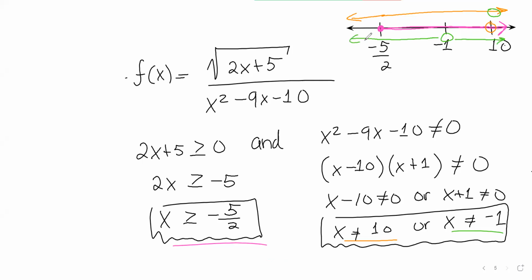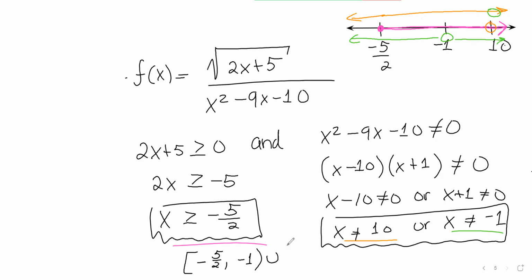Now, how do we format the final answer? Well, that's where all graphs, all shaded regions overlap. So I do have my orange and my green here overlapping, but I also need the pink to overlap. So I'm going to shade each region, each interval that has orange, pink, and green. So that's from, I'm just going to write down at the very bottom, from negative 5/2 to negative 1.